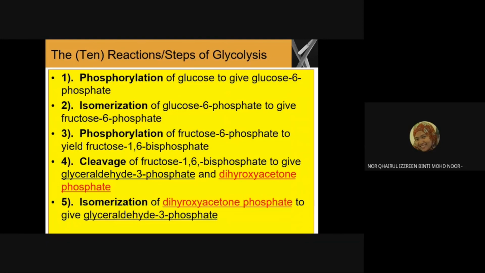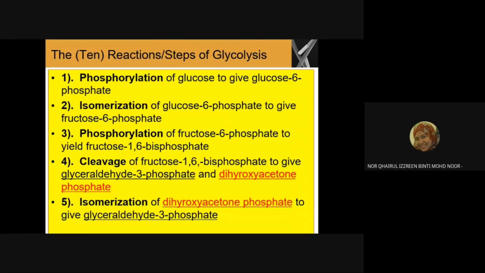From the names here, you must know what happened at each stage. Phosphorylation means there's an addition of a phosphate group. Isomerization means it's converted into the isomer. So glucose 6-phosphate is converted to fructose 6-phosphate, which is an isomer of glucose 6-phosphate.